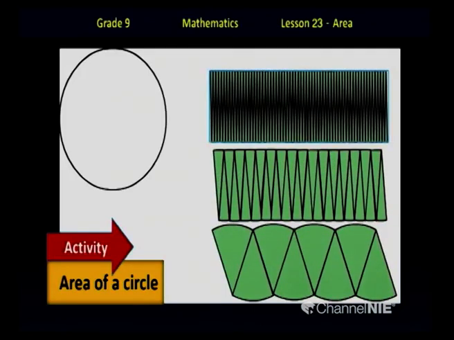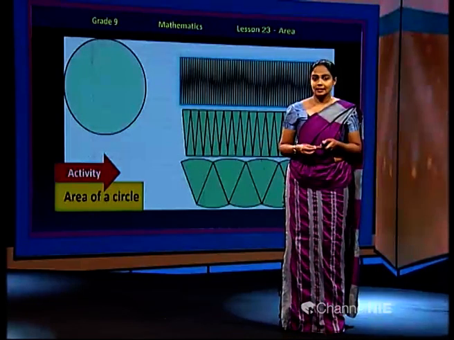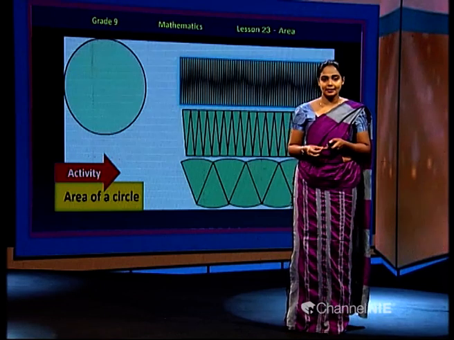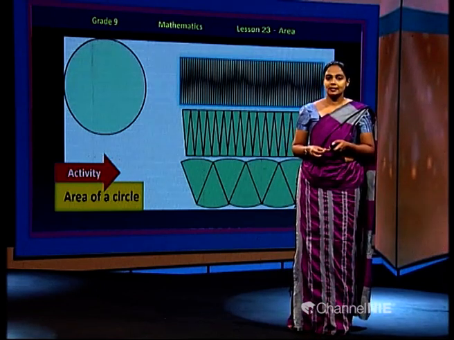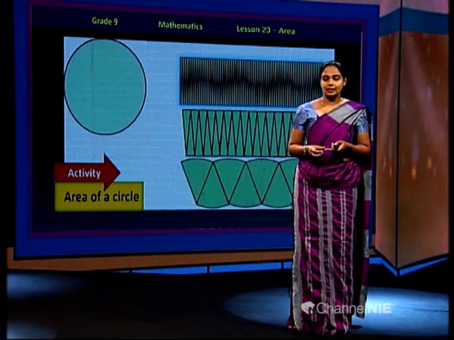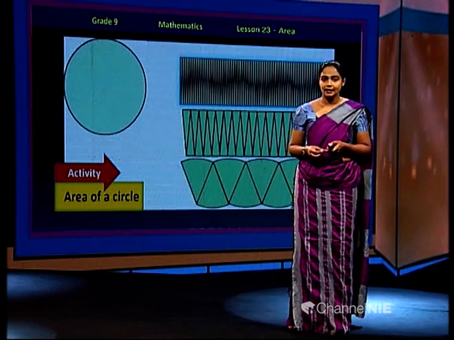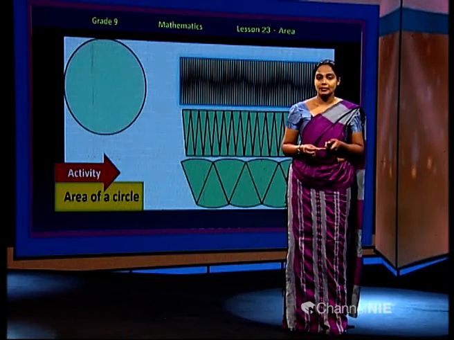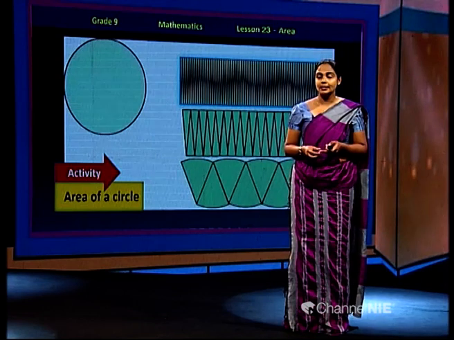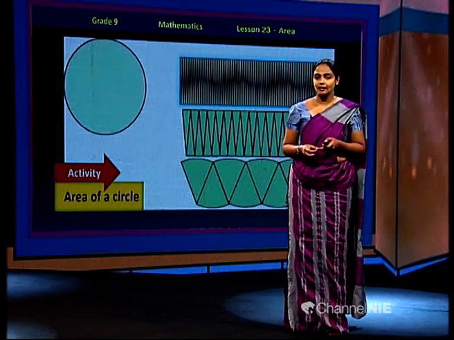What is happening there? What is the formed diagram? Can you identify it? It is a rectangle, isn't it? It's just like a rectangle. Using the circle, we formed a rectangle.